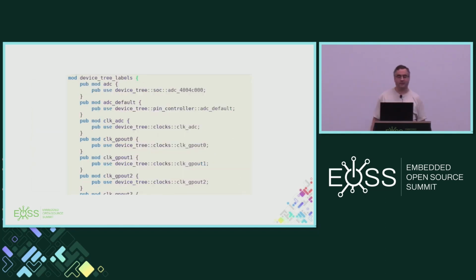The thing I mentioned with the labels, for example, every node can have a label that refers to something deep in the tree. And so there will be a module that is the labels, each one of those is a module that has all of the names in it, so that you can just refer to something in your code by label.